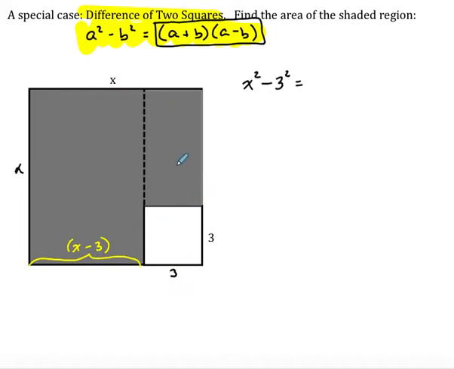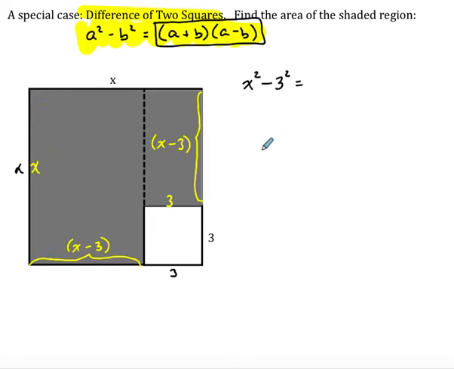And if I look at this rectangle here, this height here is the height of the square minus that length 3. In other words, this length and this length are the same. If I look at the width of this shape, the width here is 3 long. Okay? And again, the height of this whole shape is x here.